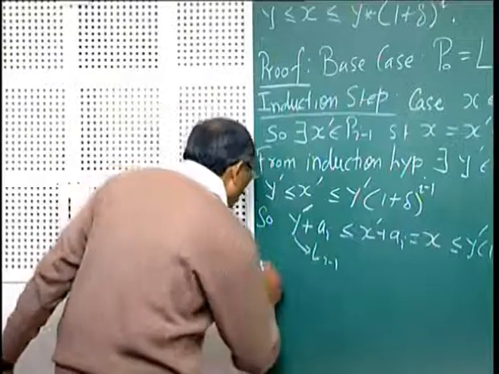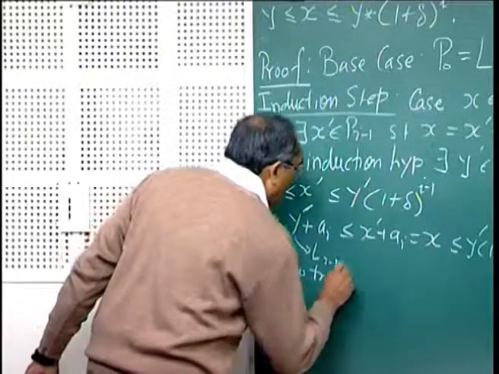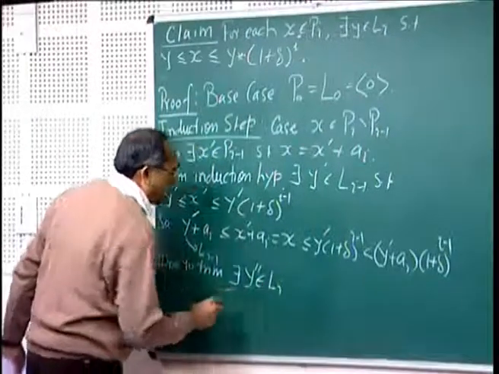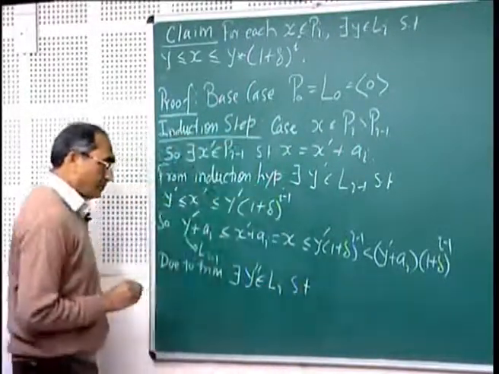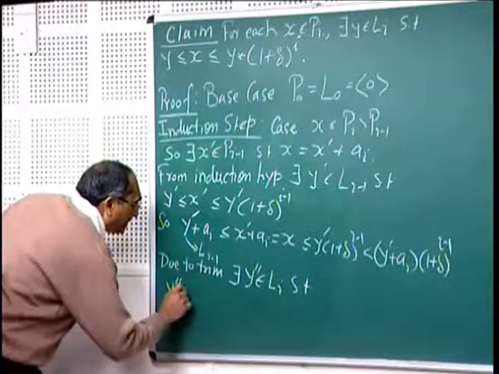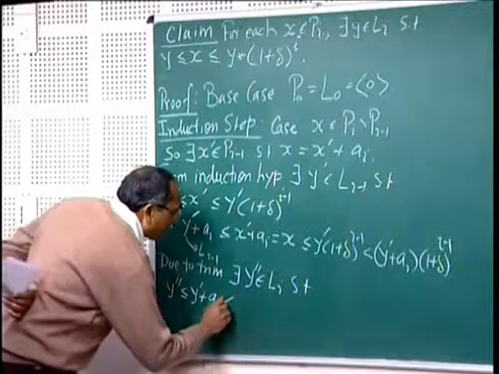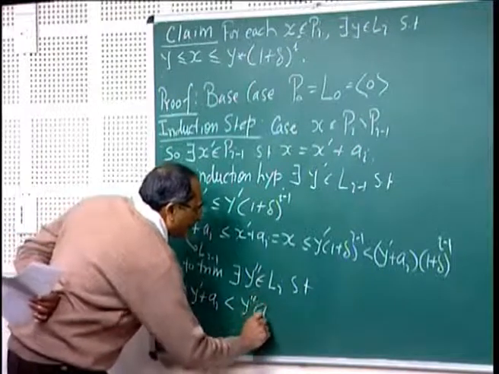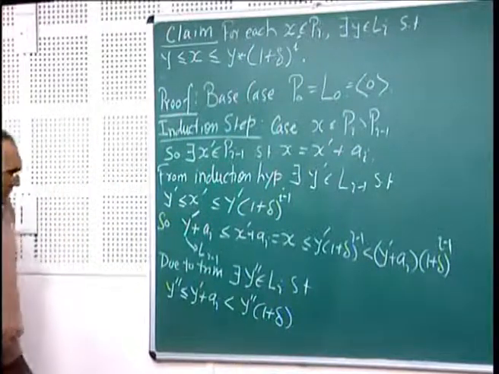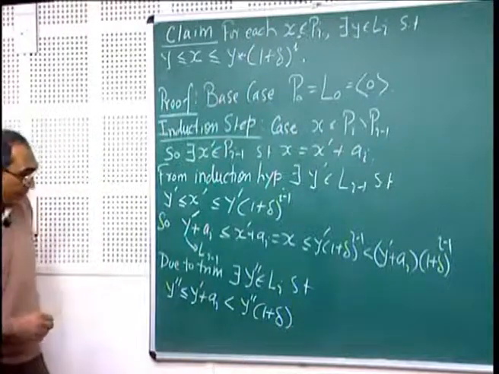So, due to trim, there exists a y double prime which finally stays in Li, such that y double prime is less than or equal to y prime plus ai, and that in turn is less than or equal to y double prime times (1 plus delta). So, this is guaranteed by the way trim works. It is possible that y double prime is y prime plus ai itself.